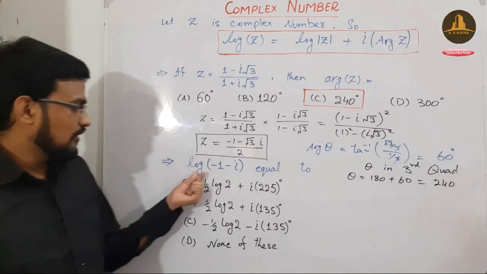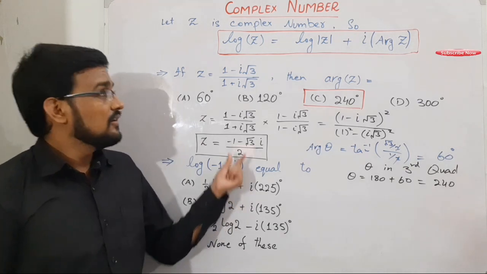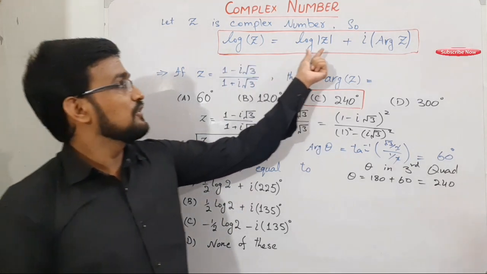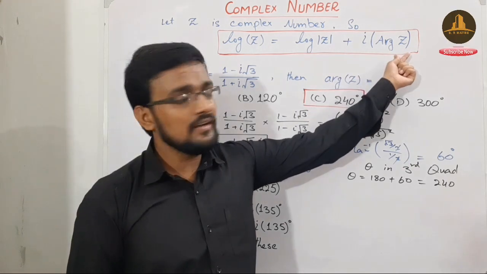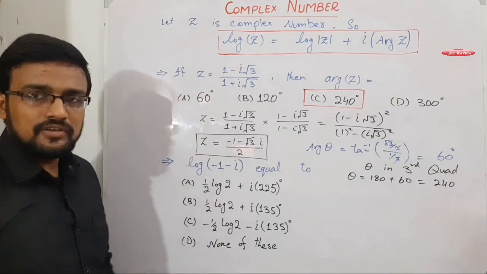Okay, and now the log of this. Student, the log of minus 1 minus iota is a complex number, and for a complex number we need the modulus and argument. Minus 1 minus iota.